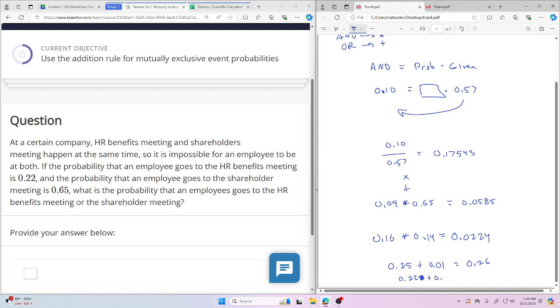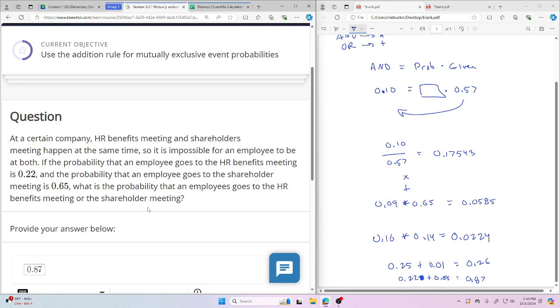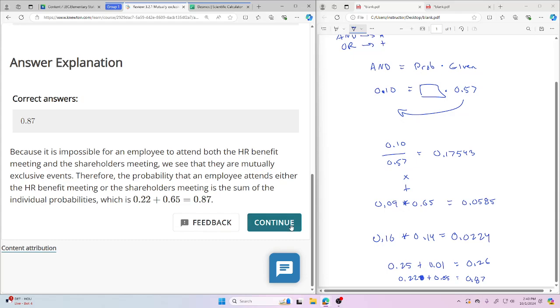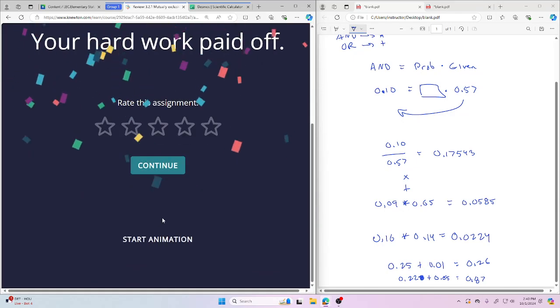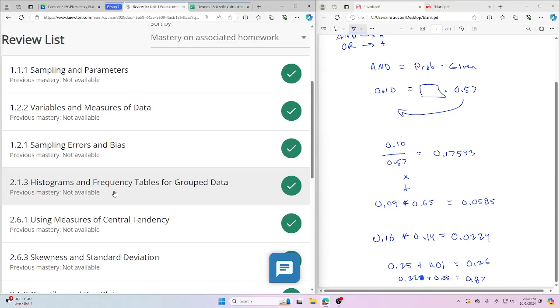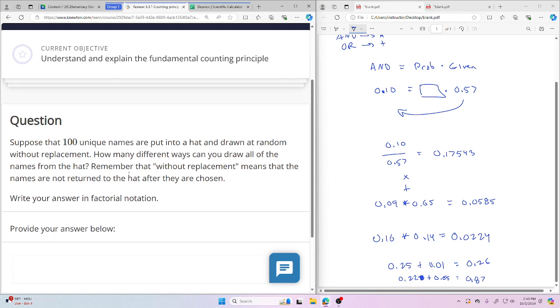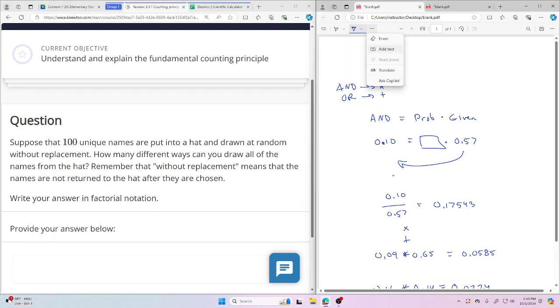There I go again. 87, 87, 87. Cool. 87. Sweet. Got it. We got 2 left. Oh man, I can't stand the last one at least though. We're not there yet. That's a good thing.